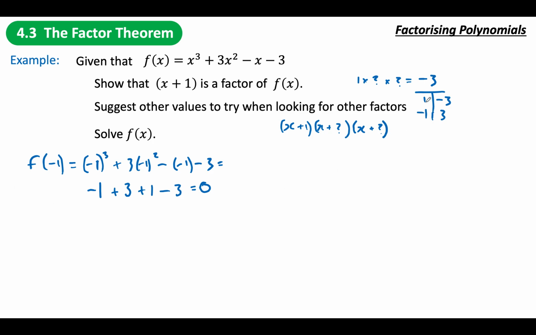Once I found one of them, I should have the other. Let's try putting in... Oh, in fact, we already know we've got -1 already, haven't we? So I already know that. So let's try 3. Let's try +3 and see what happens. So we'll have 3 cubed, which is 27, plus 3 lots of 3 squared, which is also 27.